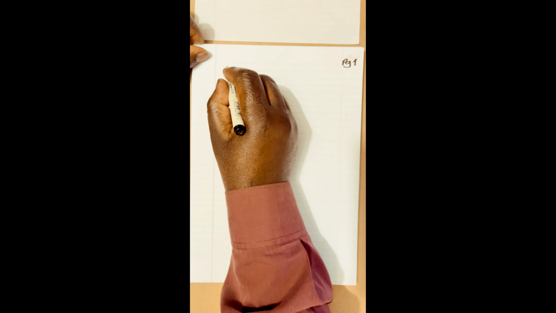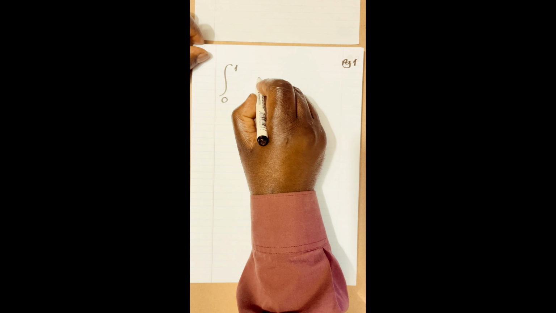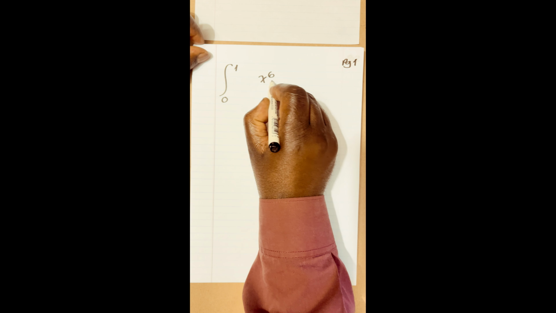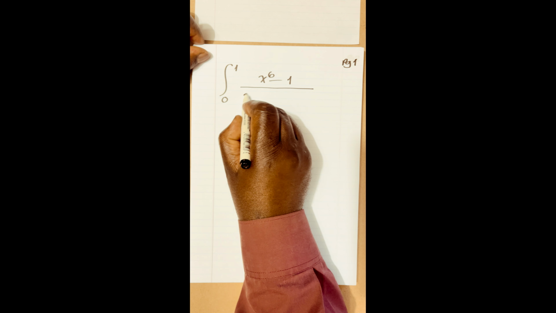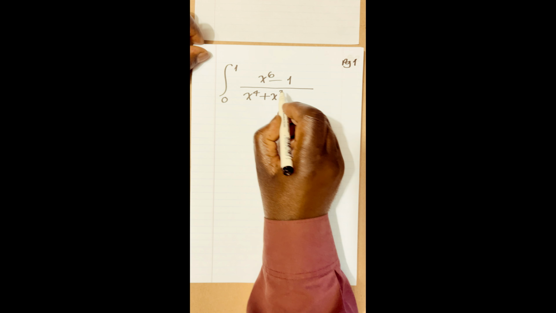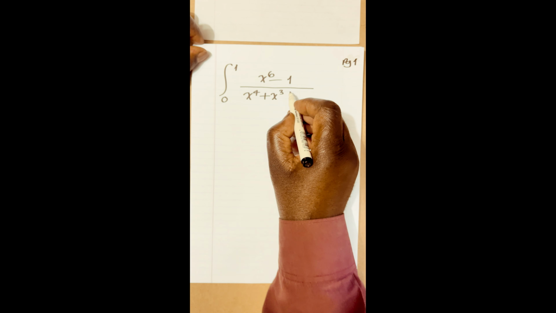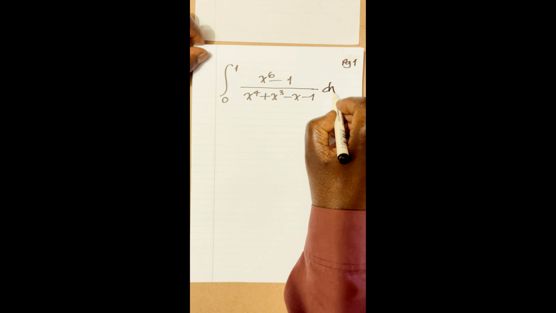So we have the integral from 0 up to 1 of (x to the power 6 minus 1) all over (x to the power 4 plus x to the power 3 minus x minus 1) dx.